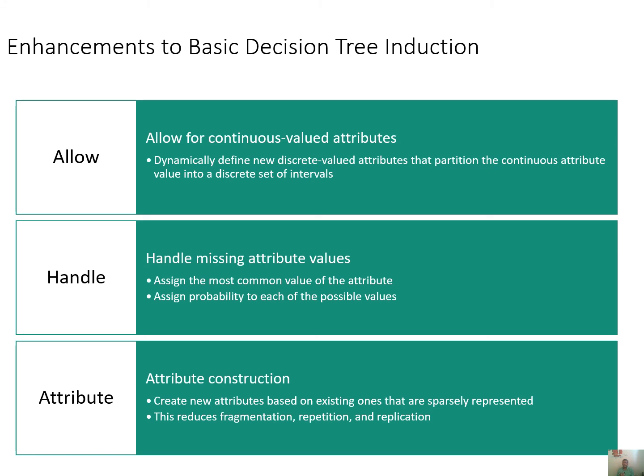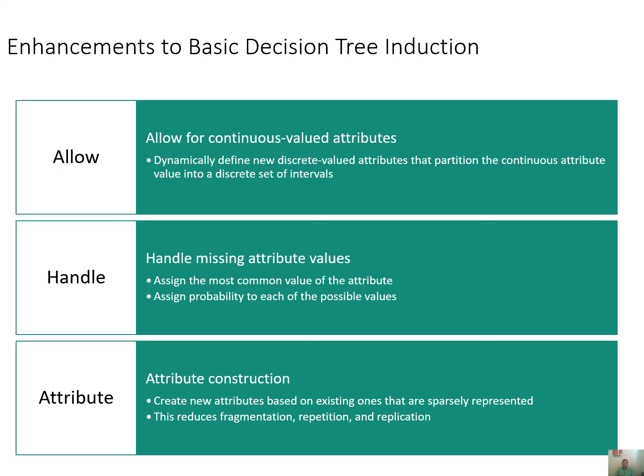Handle the missing attributes. Sometimes we will have some missing values, so assign some common value so that the missing place will be filled with some meaningful data, and classification of the attribute will be easier. Attribute construction: create a new attribute based on the existing ones.